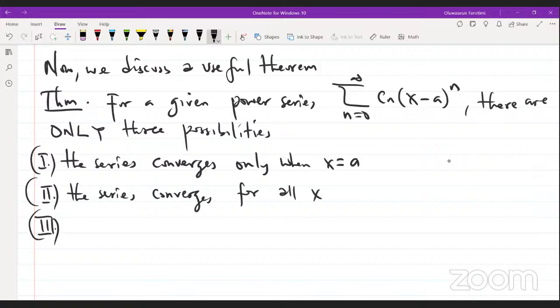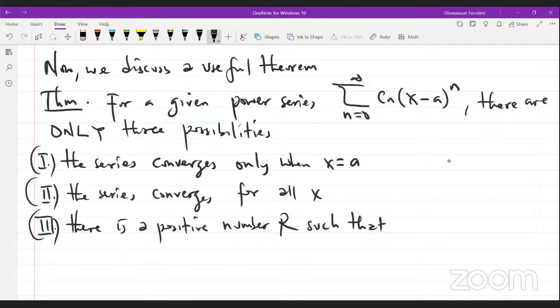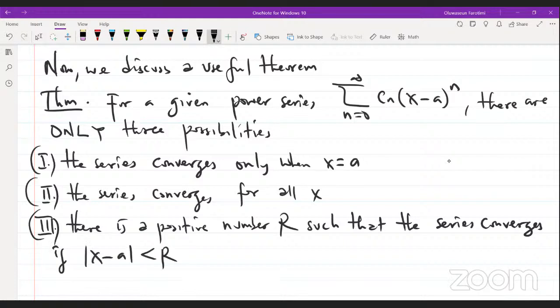And number three is that there is a positive number, we call it R, which we call the radius of convergence, such that the series converges if the absolute value of x minus a is less than R. Essentially, we've seen these in bits here and there in the three examples that we studied, but now we're putting it together formally.